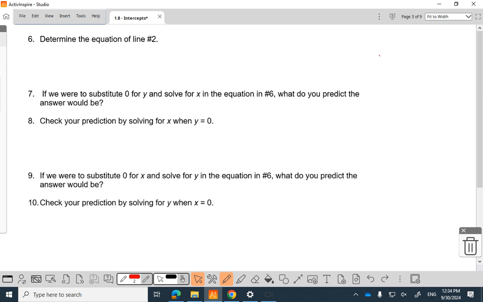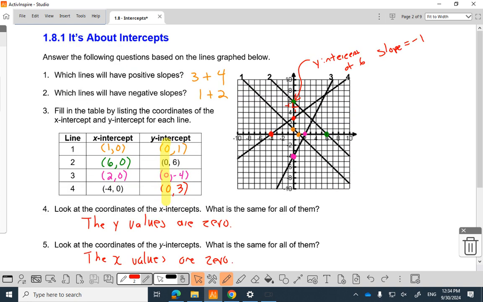Y equals mx plus b. So again, every time you have to make an equation of a line, start with writing y equals mx plus b. And then fill in the two things. Which one's which? Which one's the m?